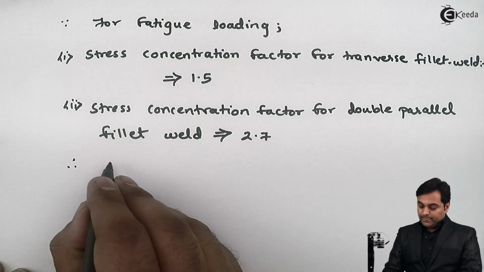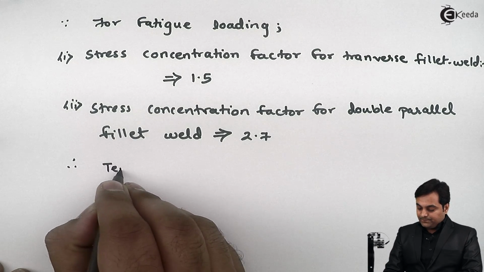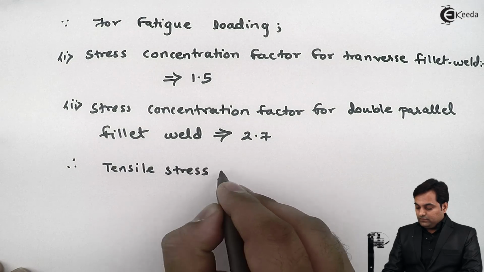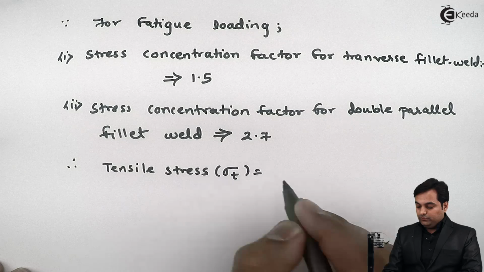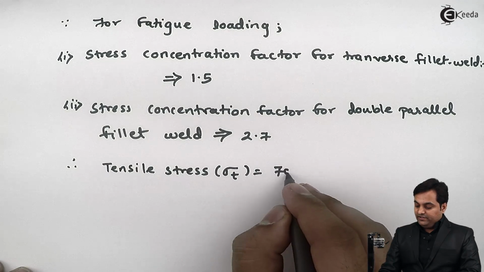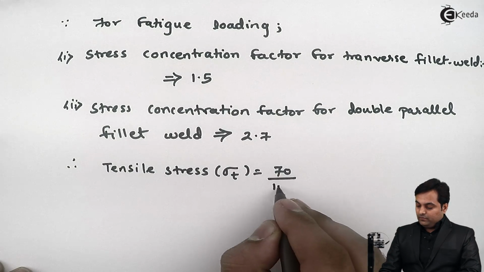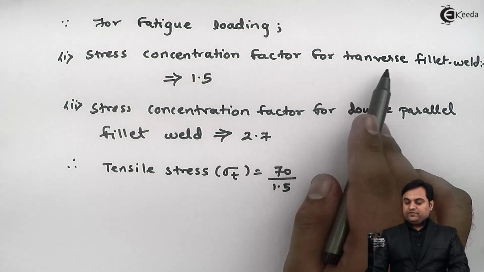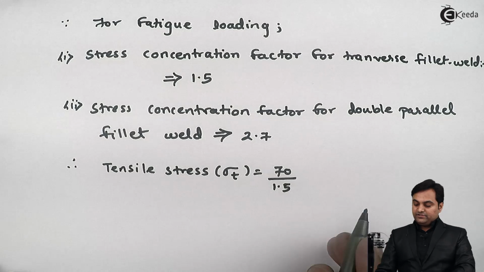So tensile stress sigma T will be equal to 70 divided by 1.5, because this is for transverse fillet weld and transverse fillet weld is subjected to tensile stress.